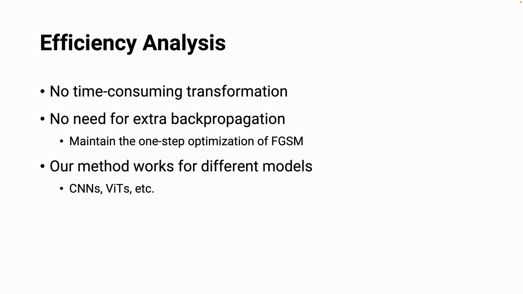Our FTM does not involve any complex transformations or additional forward and backward passes. This makes it theoretically efficient on both CNNs and ViTs. In contrast, existing methods such as SI and VT require additional backward passes, and ODI involves computationally expensive input transformations.